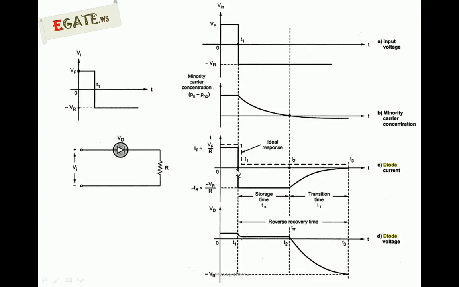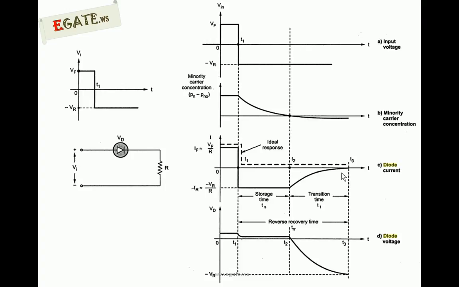So after this transition time, the diode is under steady state reverse bias. Before T1 the diode is under steady state forward bias, and after t is equal to T3 the diode is under steady state reverse bias. The time required for the diode to go from forward bias to reverse bias is the sum of storage time plus transition time. It is very large when changing from forward bias to reverse bias, but when changing from reverse bias to forward bias it takes less time.